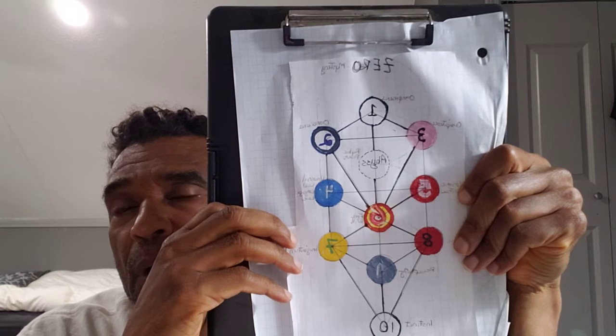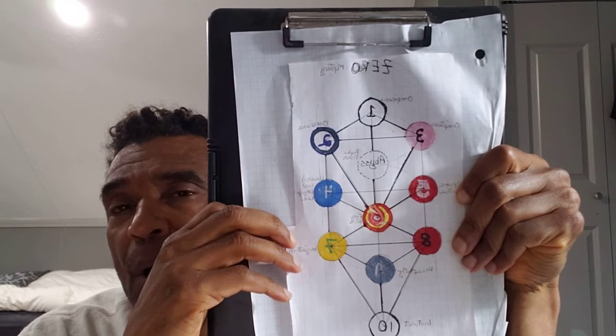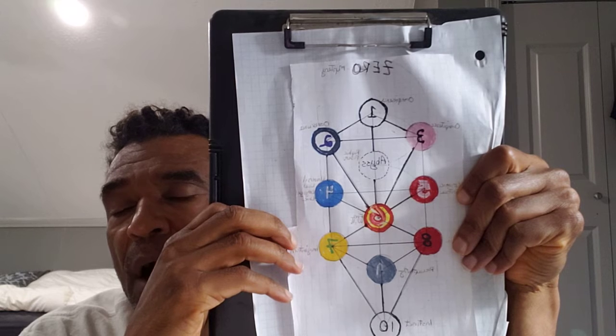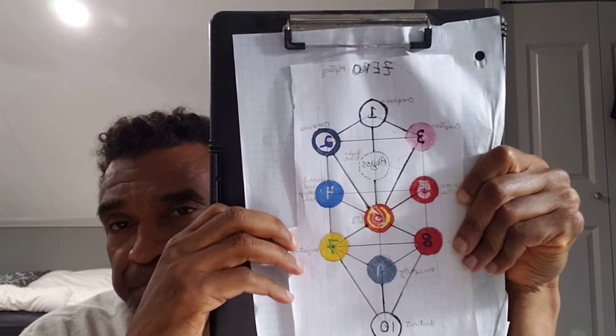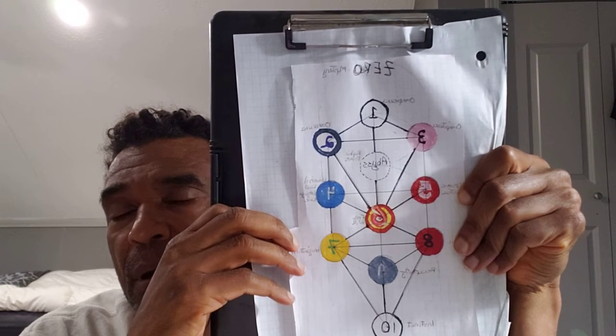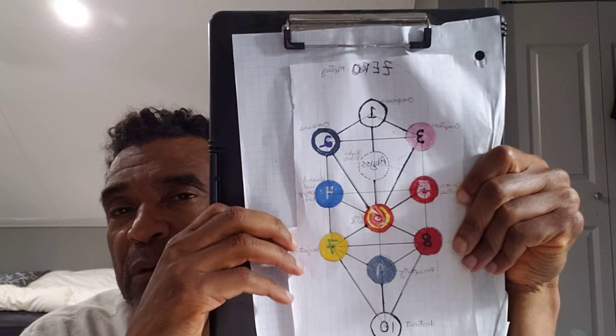Now, when we're talking about the 0 sphere, we're talking about one of our 12 faculties of consciousness. But in this model, we're dealing with 144 fractal faculties of consciousness. To get from 12 to 144, you simply take the number to the second power. 12 times 12 equals 144.